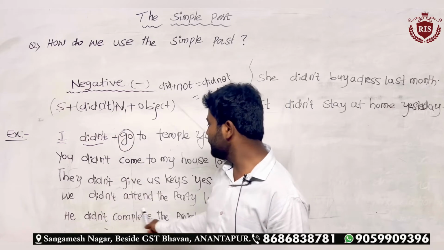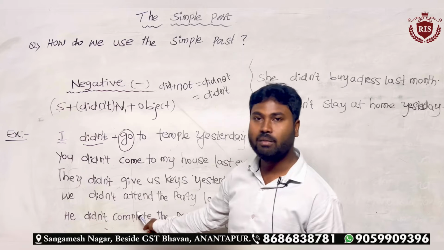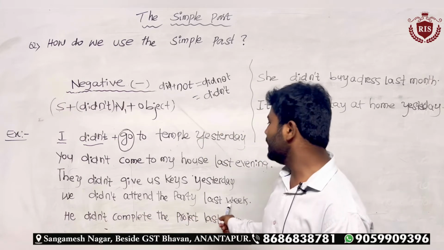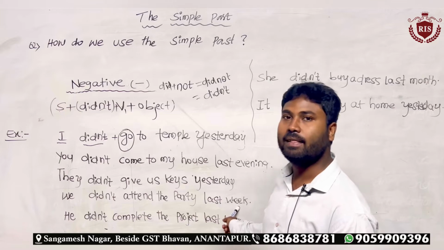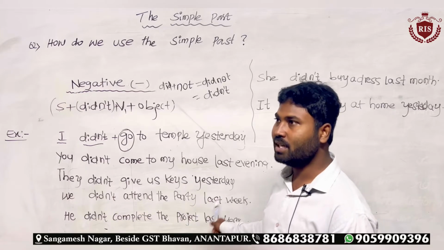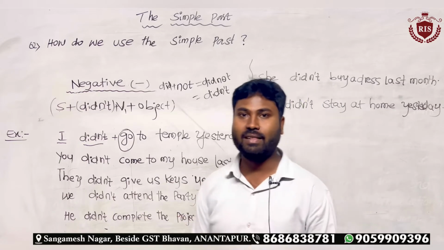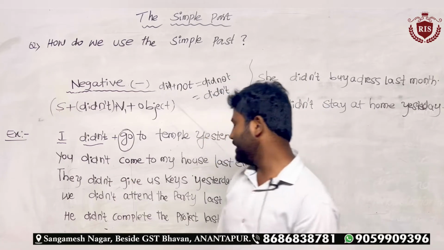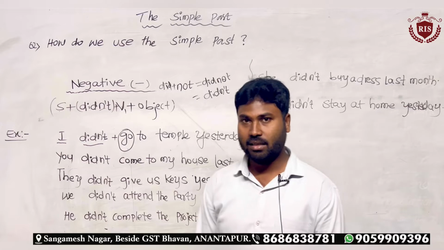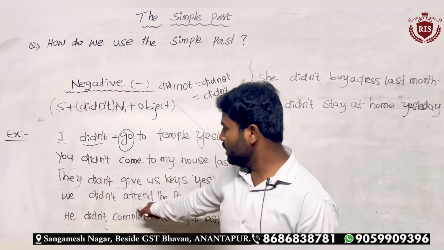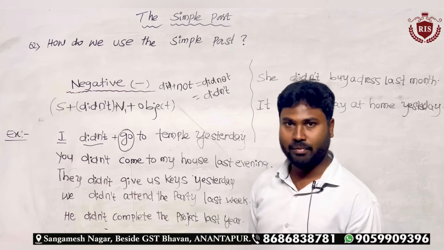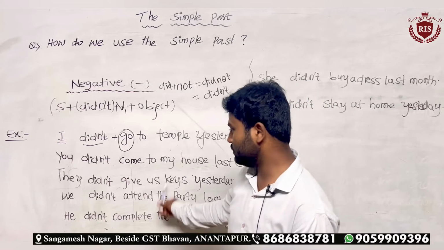We have taken the V1 form of the verb, attend, and the party last week is the object. Last week is a keyword in the sentence, right? So, we didn't attend the party last week. As per the formula we wrote the sentence in the negative form in the simple past.